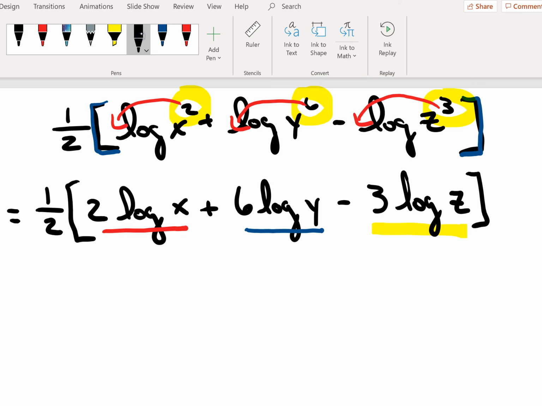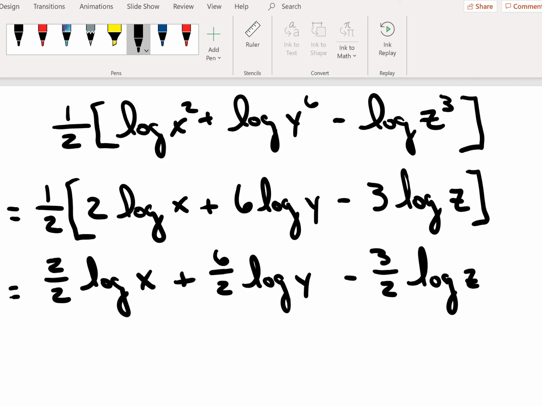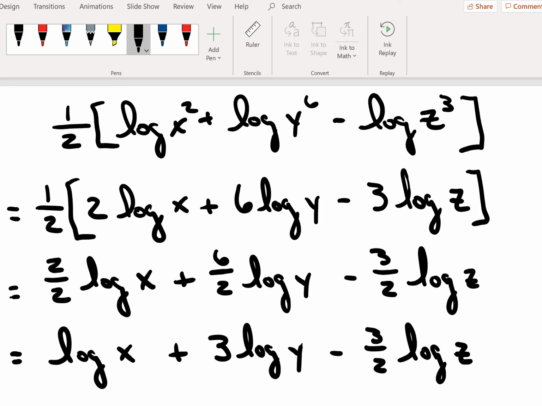And then from there, we distribute in our 1/2 now. You see now that we have 2 divided by 2 here, 6 divided by 2 here, and 3 divided by 2 here. So we've distributed the 1/2 in. And from there, we can simplify into the log of x plus 3 times the log of y minus 3/2 times the log of z.